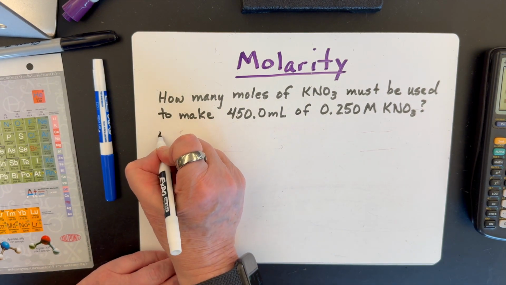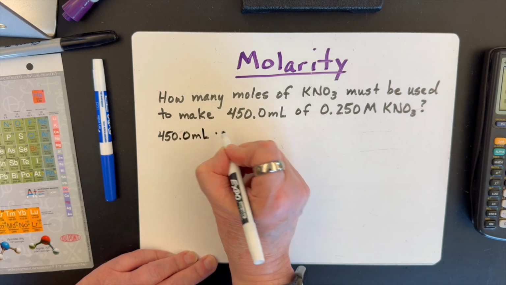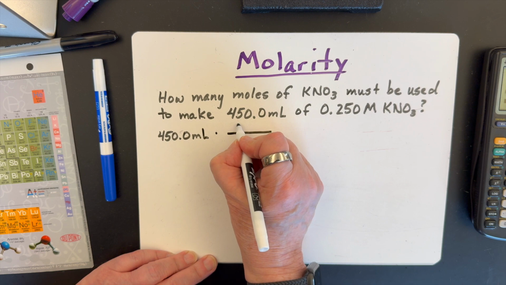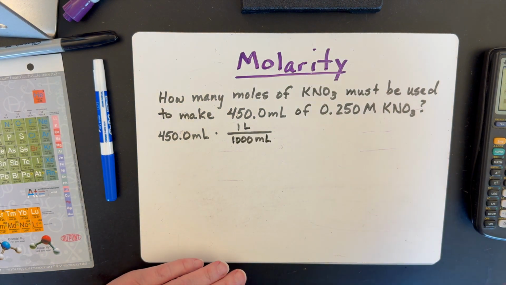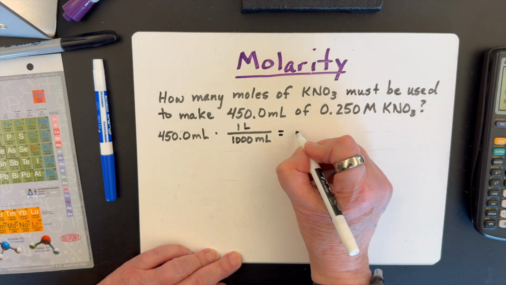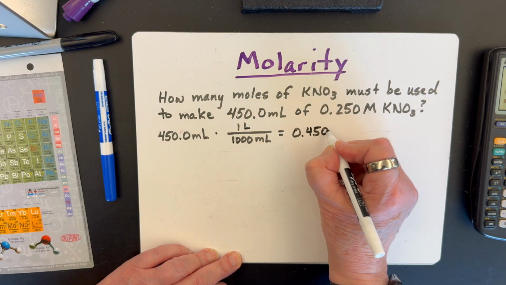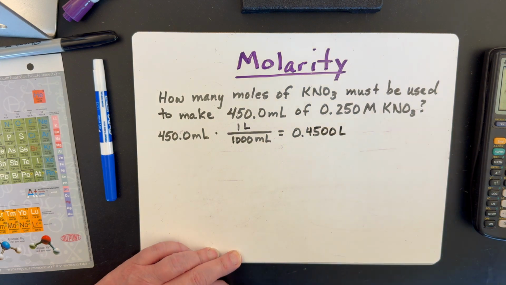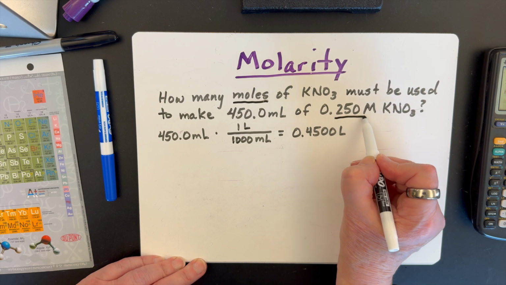So I have 450.0 milliliters. I have to convert that to liters, and there's 1,000 milliliters in 1 liter. So that makes our volume 0.4500 liters.